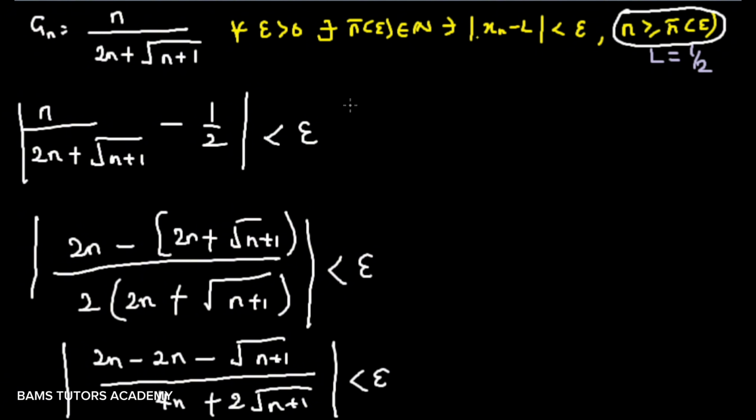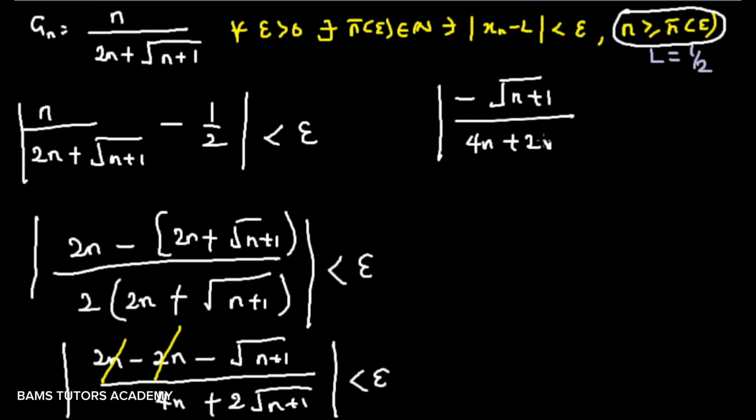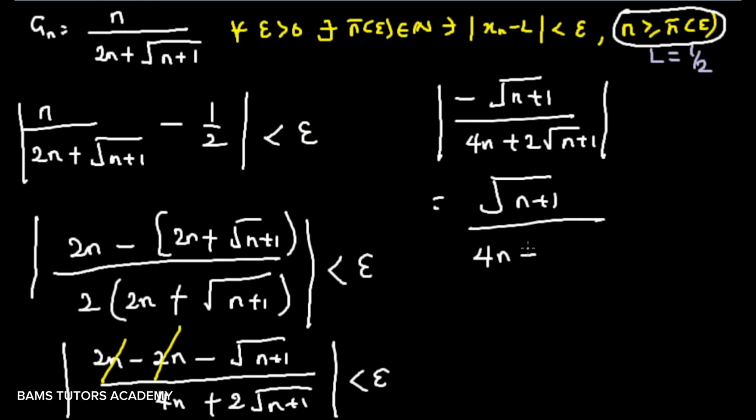Obviously 2n cancels 2n. So I'm left with the absolute value of minus the root of n plus 1 over 4n plus 2 root n plus 1. This equals the positive, because it has an absolute value. So I have the root of n plus 1 over 4n plus the root of n plus 1.